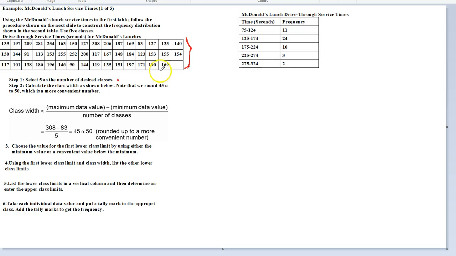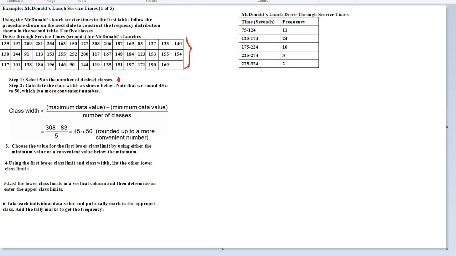Usually 5, but it can be a 4. 4 is the minimum, I think. You can go below, like 4 or 3, but if you have a large data set like this one, 5 is reasonable. So we're going to use 5 classes, in other words, 5 different rows.